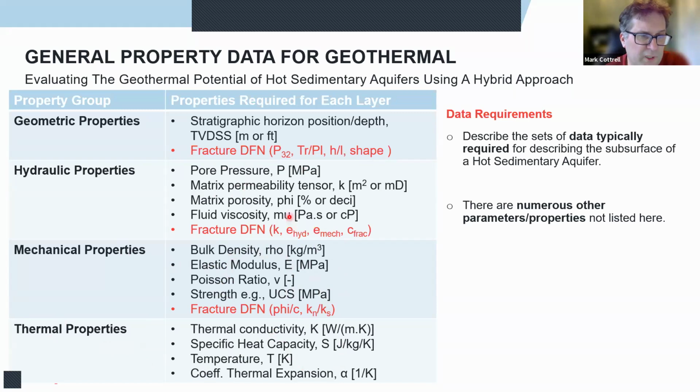So these are the classes or groups of data that we typically require for describing the subsurface, especially for hot sedimentary aquifer analyses. There are other properties that I haven't listed here, but these are very much the main ones.